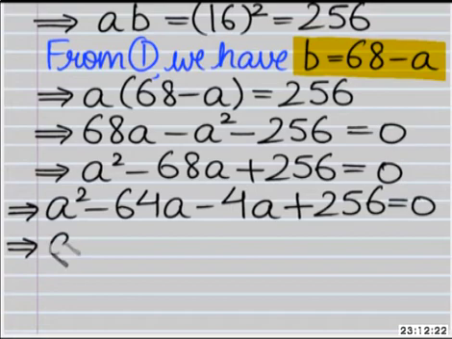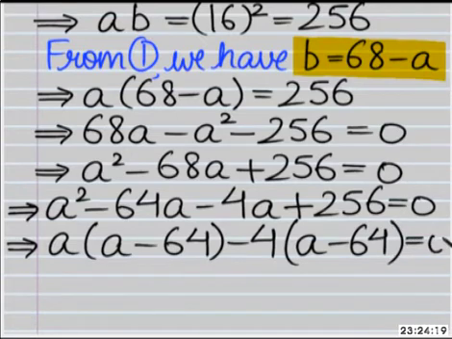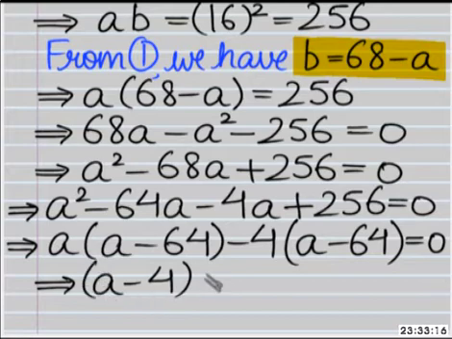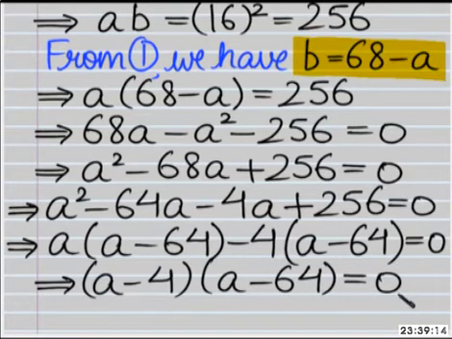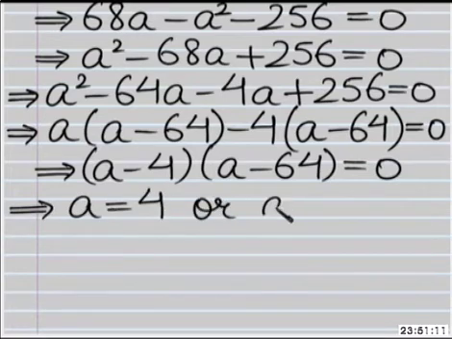This implies A whole multiplied by A minus 64 minus 4 whole multiplied by A minus 64 is equal to 0, which implies A minus 4 whole multiplied by A minus 64 is equal to 0. So this implies A is equal to 4 or A is equal to 64.